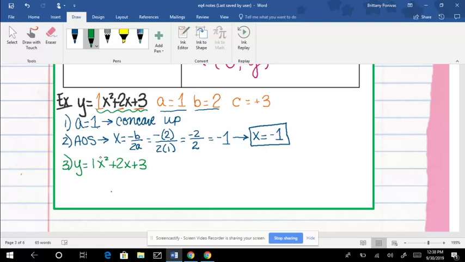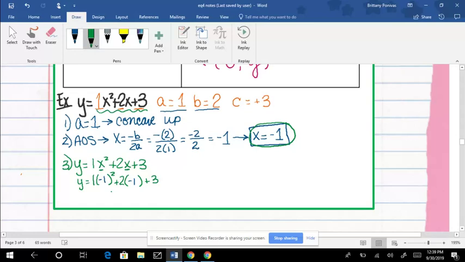And what you're going to do is instead of these x's, you are going to plug in this axis of symmetry. So y equals 1 times, instead of the x, you are plugging in that axis of symmetry of negative 1 squared, plus 2 times, instead of the x, you're plugging in that negative 1, plus 3.